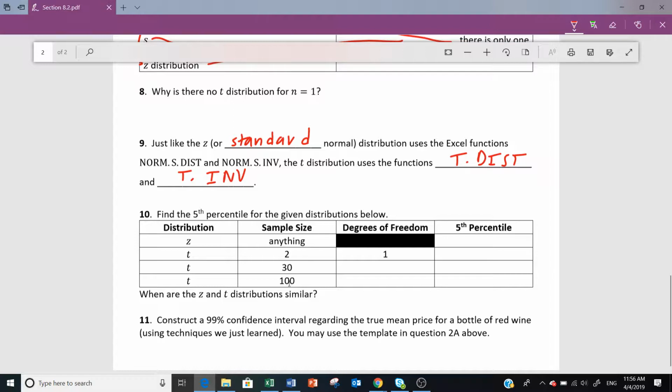Yes. Because 0.05 is the probability and then the degrees of freedom. Degrees of freedom is just sample size minus 1, right? Yes.